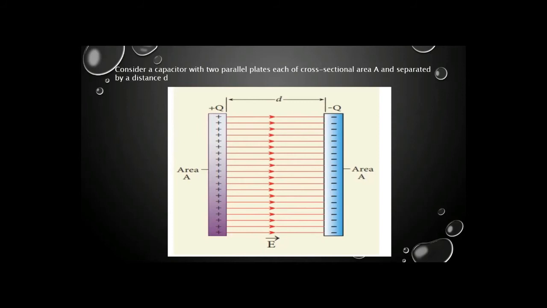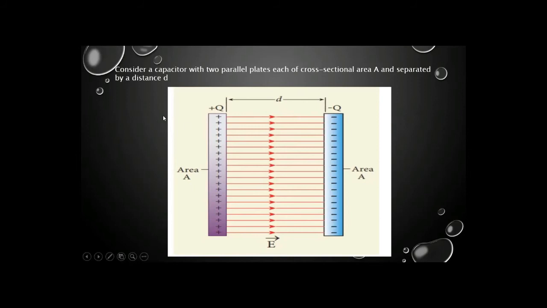Now the second factor is the distance between the two charges. As I told you, if the distance between the two charges is small, we have a strong electric field. And if the distance between the two charges is much greater, we have a weaker electric field.